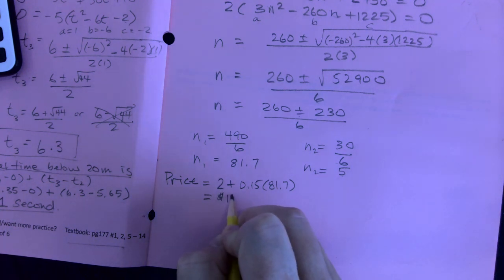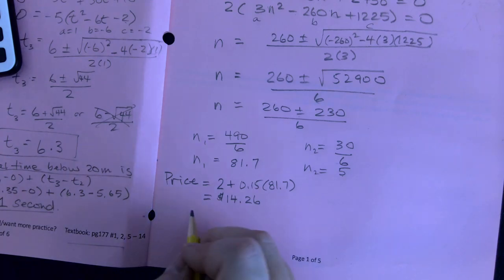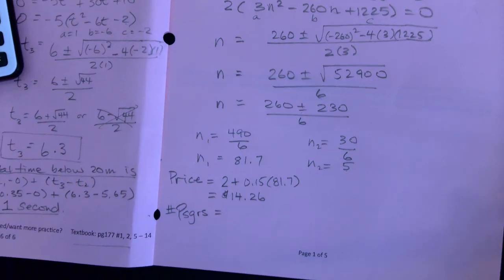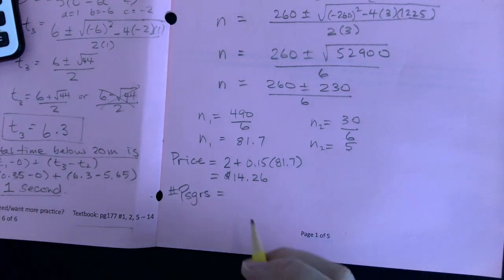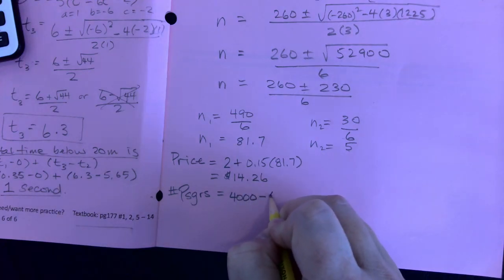You'll get a new price of $14.26. The number of passengers then would be 4,000 minus 40.